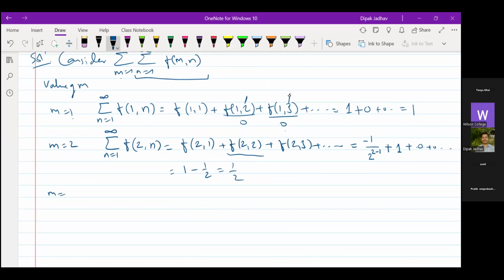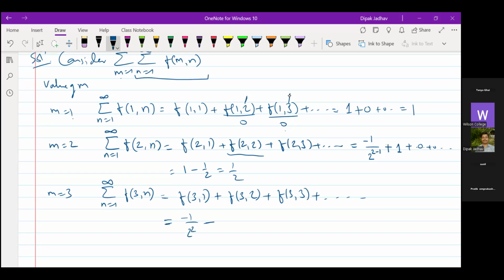Very good. Let's observe m equal to 3. What happens? The sum of f of 3 comma n is f of 3 comma 1 plus f of 3 comma 2 plus f of 3 comma 3 plus, and so on. F of 3 comma 1 is minus 1 upon 2 square. Plus, the next term is minus 1 upon 2. And the next term is 1. And the rest of the terms are 0.